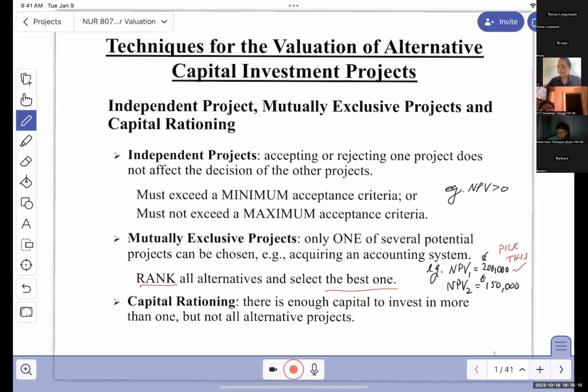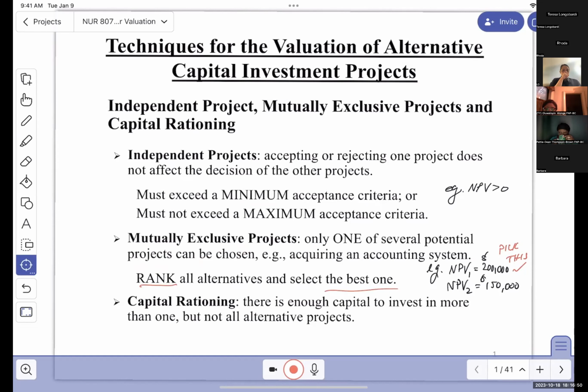Okay, so there's independent project analysis, where you just look at each project in turn, and anything that has a positive or profitable NPV, you just pursue it. There's mutually exclusive project analysis where you have to pick only one. And then what if you just work with a budget and you're told you have $3 million and go and spend it. So you lay out all your different possible projects, all the different things you could invest in.